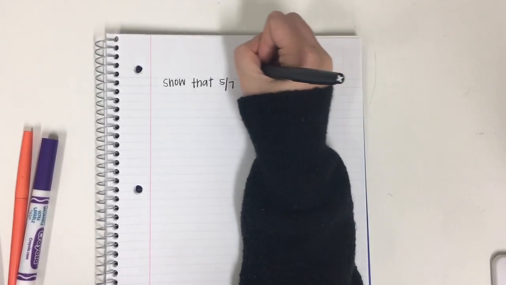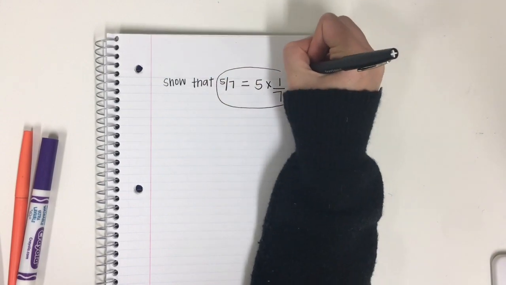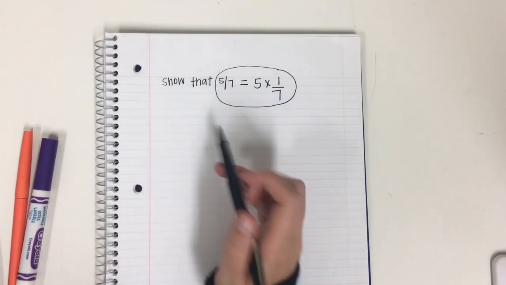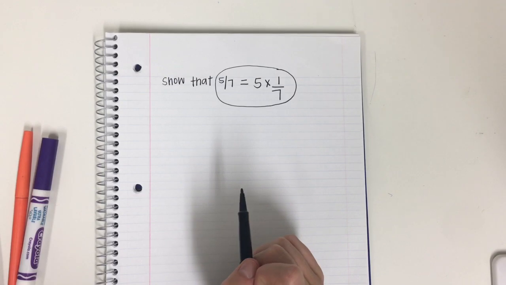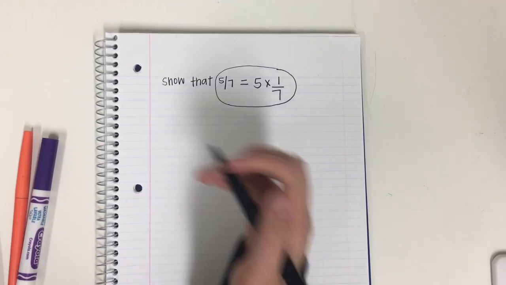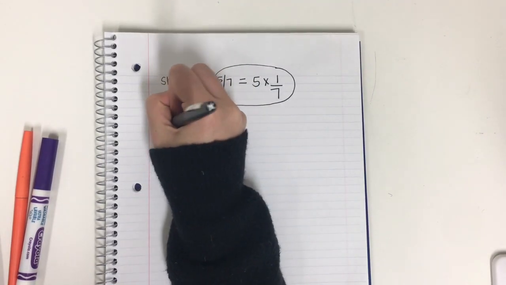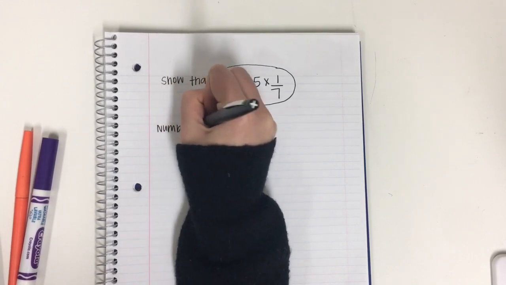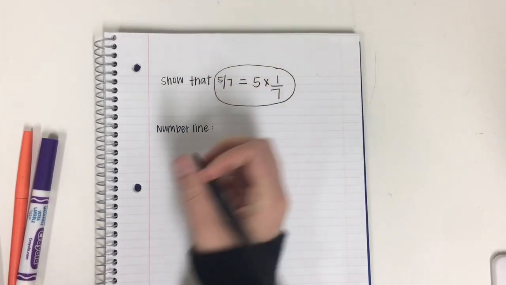Okay? So here is your decomposed fraction put into multiplication form. I want you to show me using a number line and an area model.